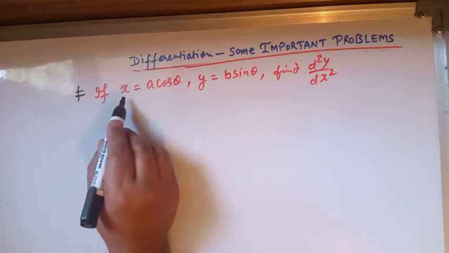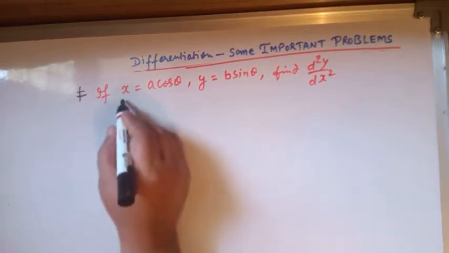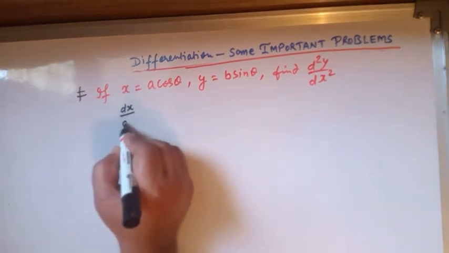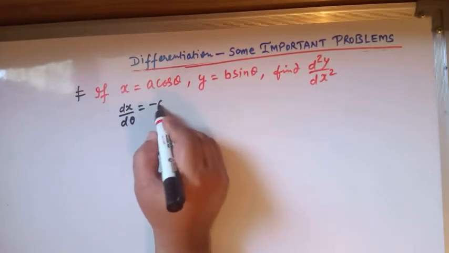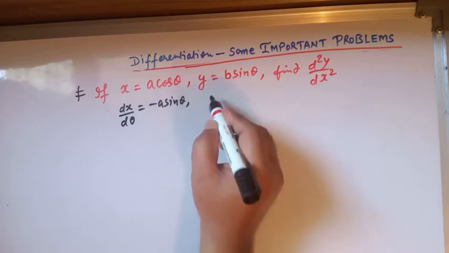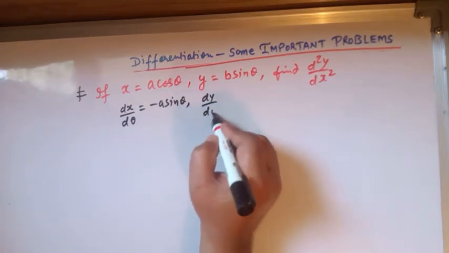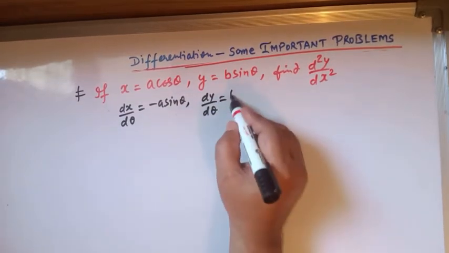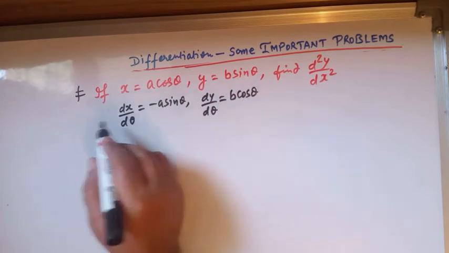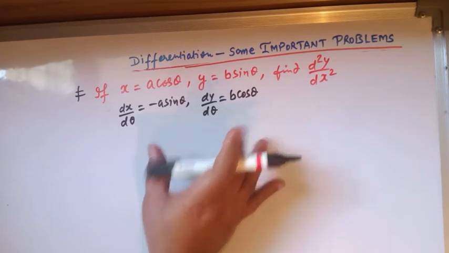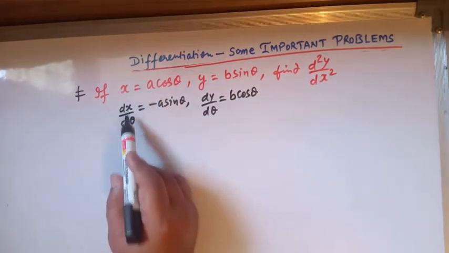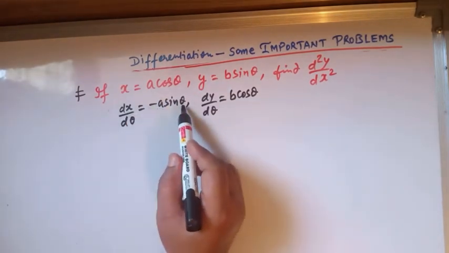Here we have x equal to a cos theta. So first we will find the first derivative, dx by d theta, that is minus a sin theta, and dy over d theta is equal to b cos theta. Now again, this problem is from parametric differentiation, and dx by d theta is minus a sin theta.